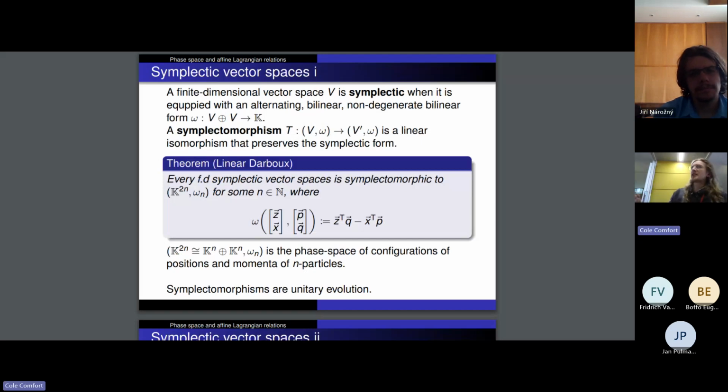A symplectic form is a bilinear, alternating, non-degenerate map on a vector space. And a symplectomorphism is a linear isomorphism that preserves the symplectic form. And every symplectic form is symplectomorphic to this one, which I denote by omega sub n. You take your two vectors, twist them, take the inner product on both sides, and subtract them. So what does this mean conceptually?